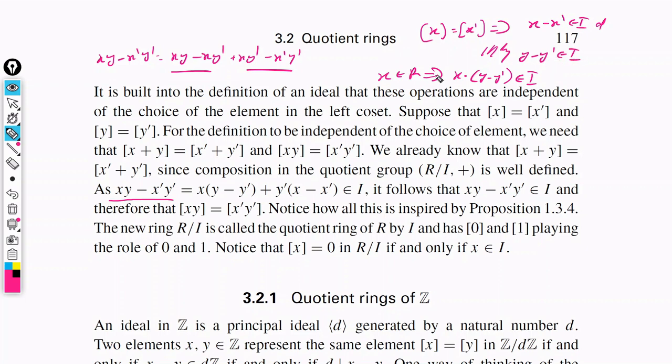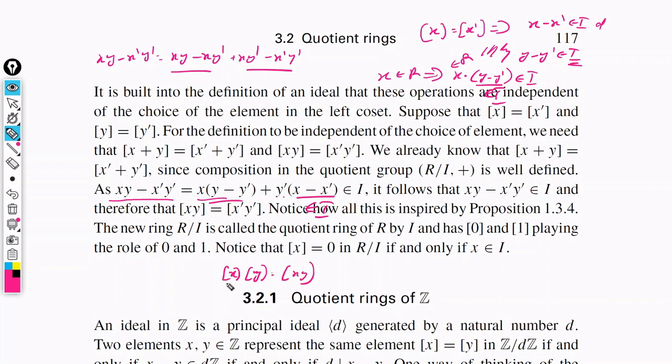Also, we know that x belongs to the ring R. So, since I is an ideal, x into any element of the ideal belongs to the ideal, right? Similarly, we can easily show that y dash into x minus x dash also belongs to I. So, these two elements belong to I. So, their sum also belongs to I. That's why this difference belongs to I. Since this difference belongs to I, the corresponding cosets are the same.